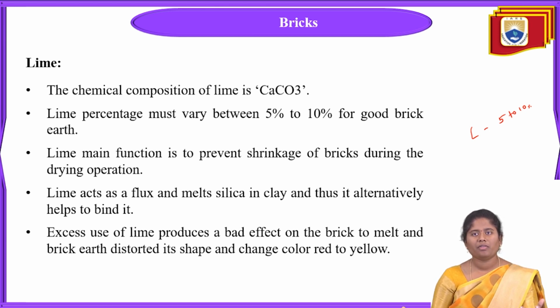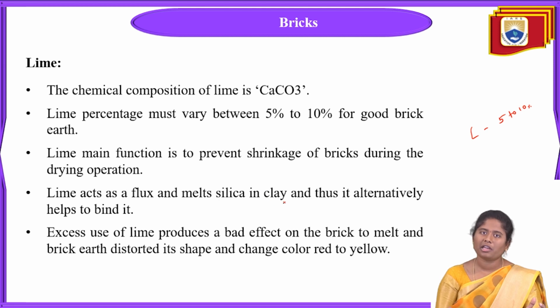If the lime acts as the flux in this clay, it melts the silica that is present in the clay, and thus it helps to bind it. When lime is added to the bricks, the silica present in the clay gets melted into the clay. Then there will be a binding nature between these two ingredients, and the brick will get more plasticity.